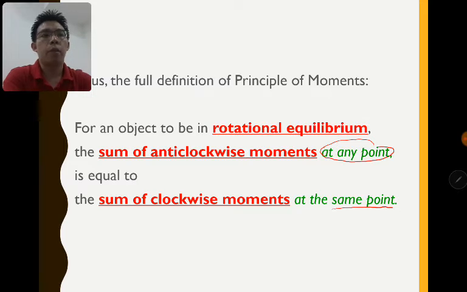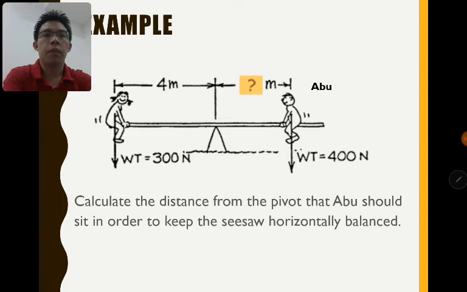Okay, so we move on to some examples. The first case here is a bit straightforward. Calculate the distance from the pivot that Abu should sit in order to keep the seesaw horizontally balanced.